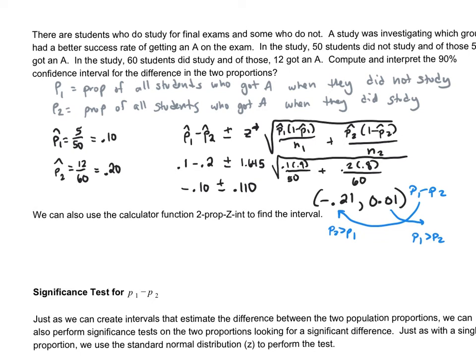So most likely P2 is going to be bigger than P1 because the interval leans a lot more that way.